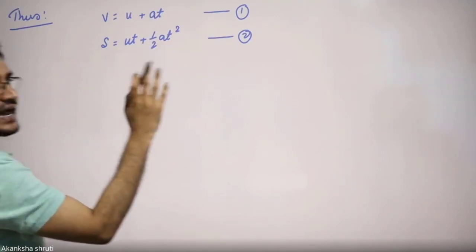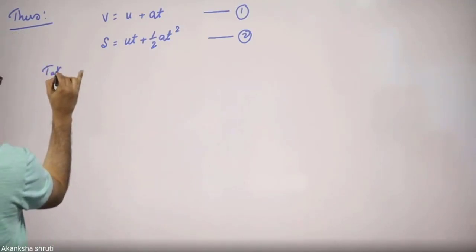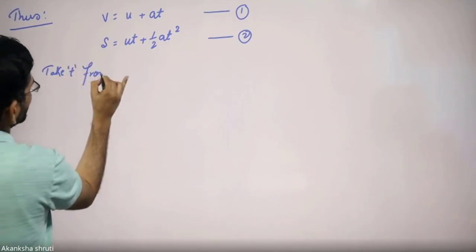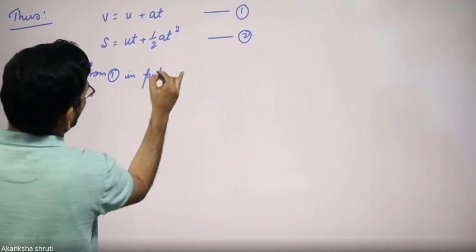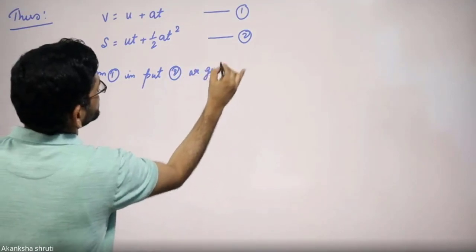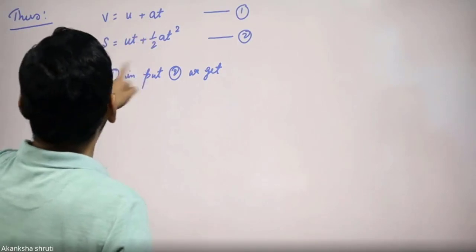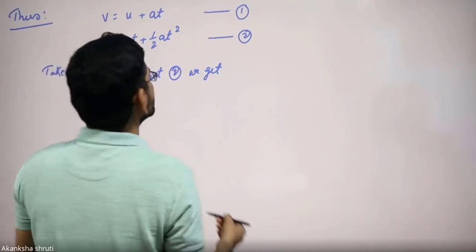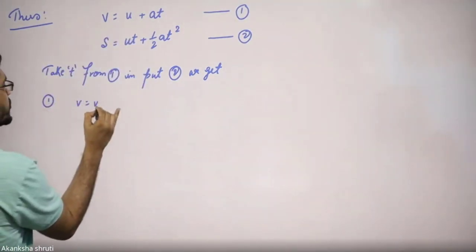Then we will get another, third equation. So student, the other one is: take T from 1 and put in 2, or substitute in 2. What will we get? So student, keep in mind, from the first equation we want to get the value of T. So let us rearrange it. Our first equation is V is equal to U plus AT.